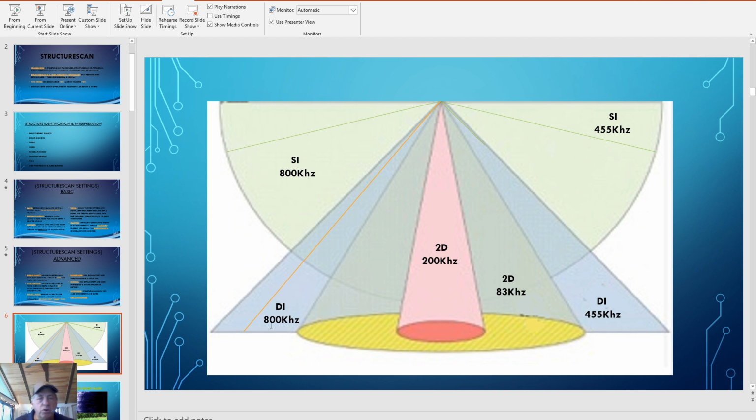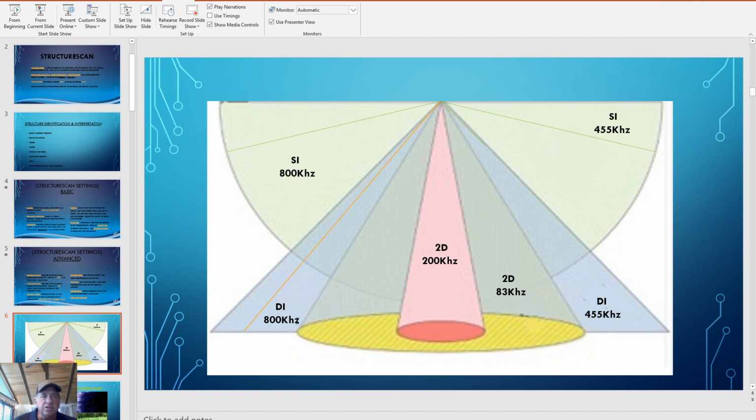And that's true as well in down imaging, as you can see here. If we focus on the light blue, down imaging, while we select 455 kilohertz, it gives you this larger cone angle, and it also gives you a larger coverage area than the other frequency being 800 kilohertz.